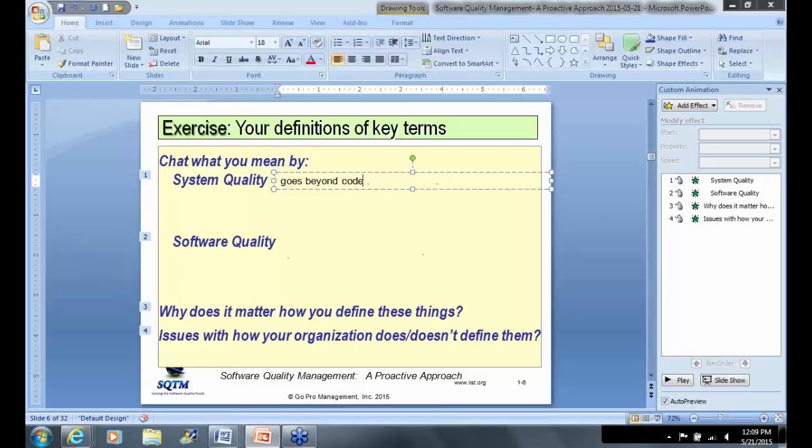So, goes beyond the code. Overall quality of the complete system, whereas software is just software.